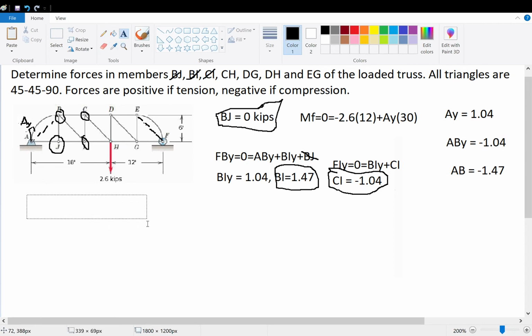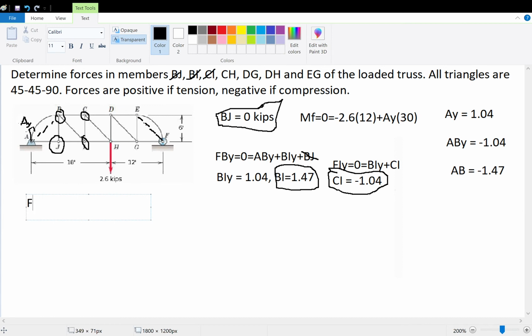So the forces about C in the Y direction, the net force is going to be equal to 0, which is going to be equal to CI plus CH in the Y direction.